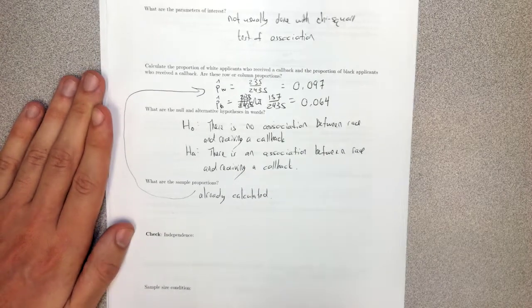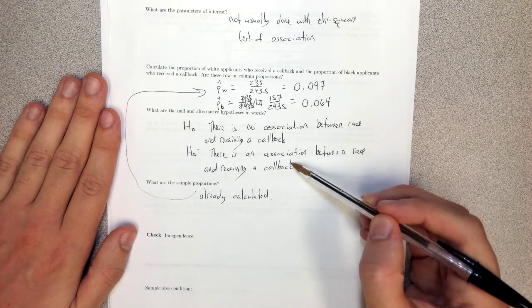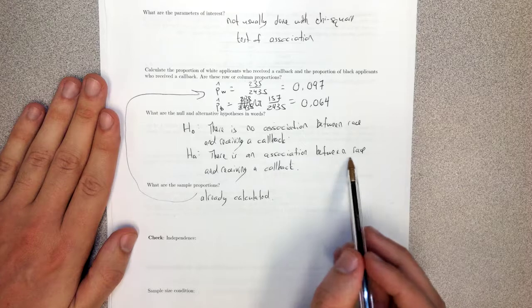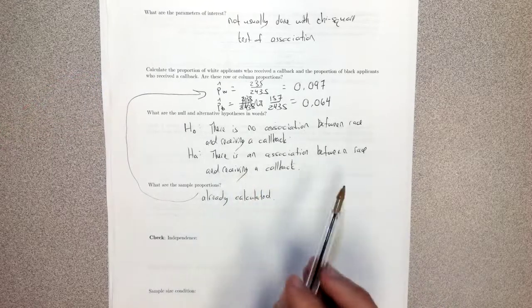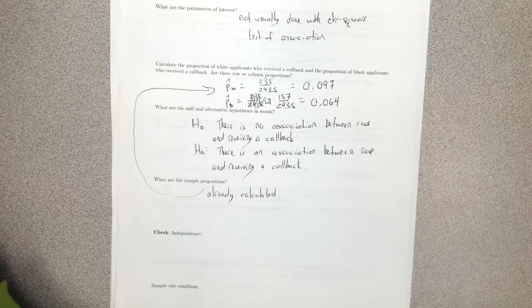So now we've set up this hypothesis test. These are the hypotheses that we're testing. We want to know how much evidence there is of an association between race and receiving a callback based on our sample data. We'll move into that question next.